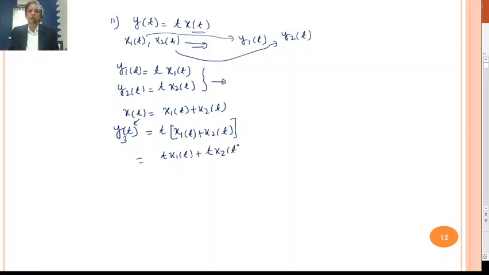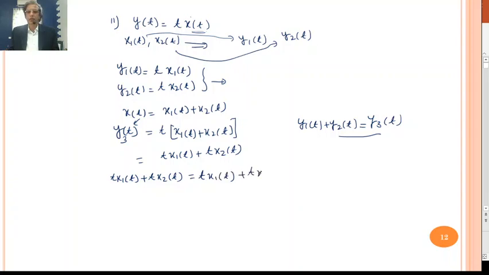This is the overall response, and the individual is this, means add this, as we know that y1t plus y2t should be equal to y3t using the superposition principle, and here y1t plus y2t is t x1t plus t x2t, and that equals t x1t plus t x2t.